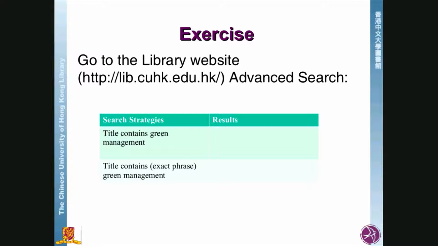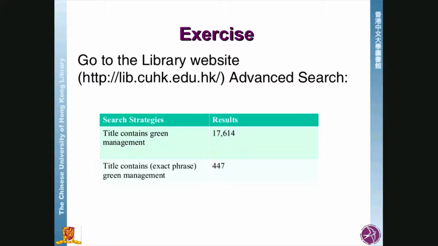Okay, let's have a look at the results. Thank you, guys. It's very good. My search results are also the same: title contains green management is 17,614, and title contains exact phrase green management is 447.